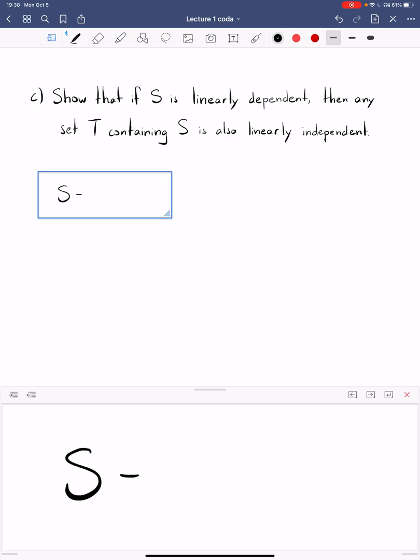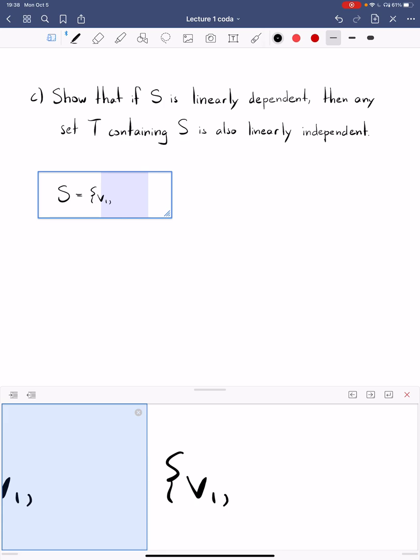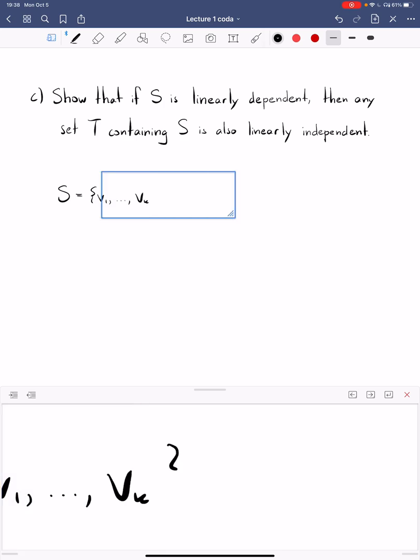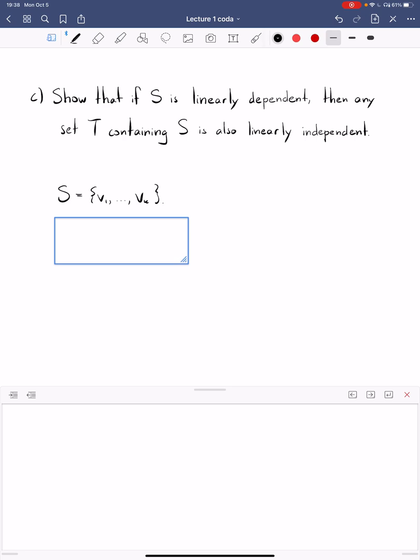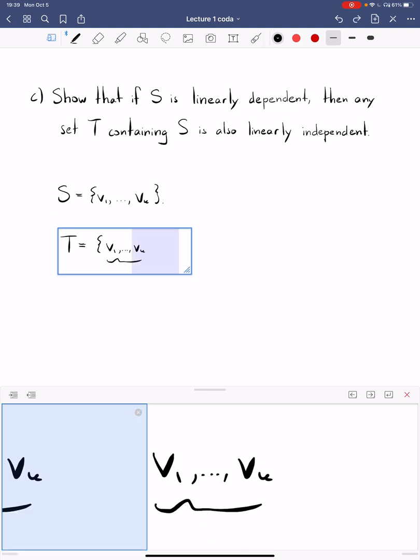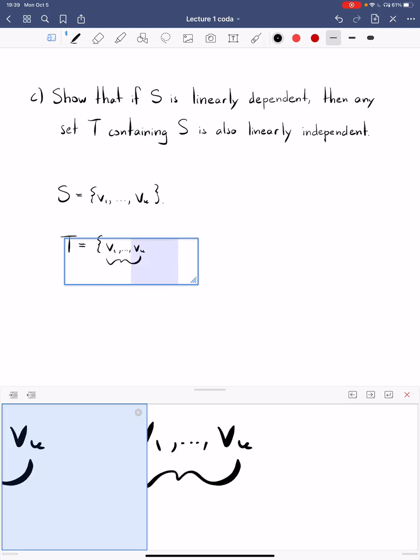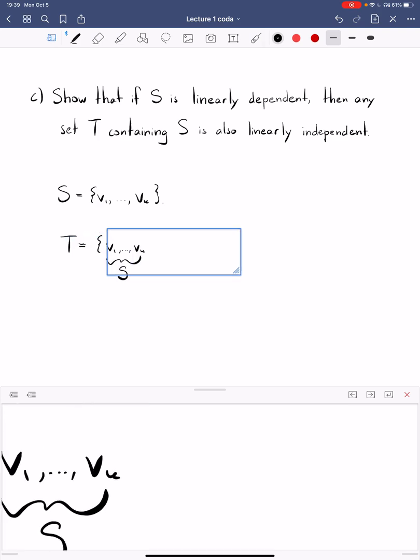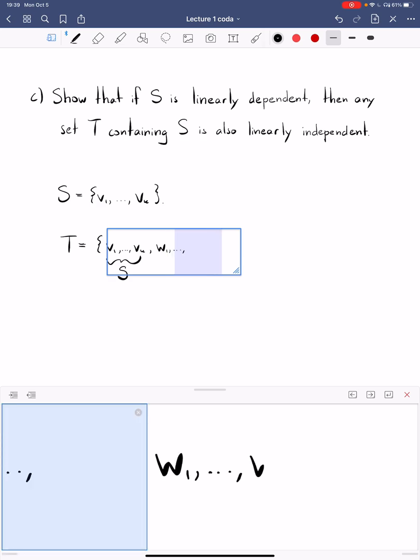So let's write down S again. It's just a set of k vectors, v1 through vk. And let's make T an easy looking superset of S. So let's call it v1 up to vk, and this is S sitting inside T. Then there are some other vectors, let's call them w1 up to wl.